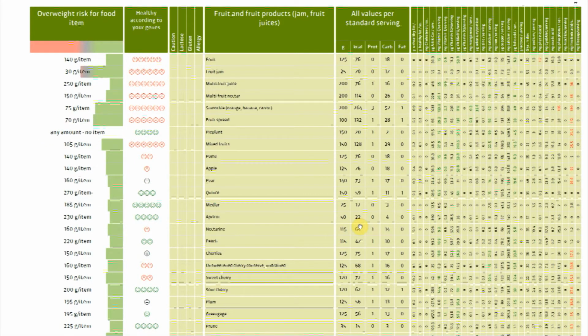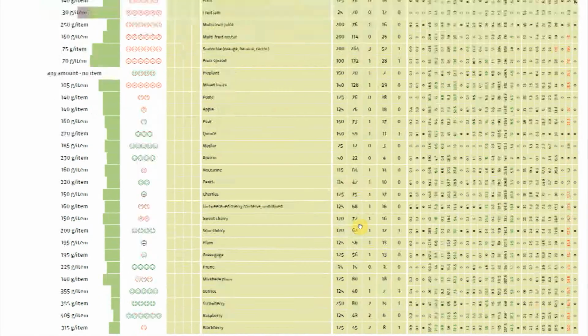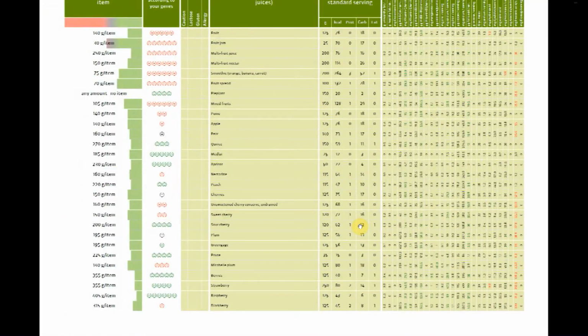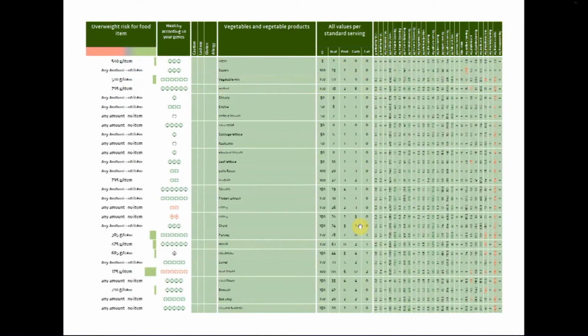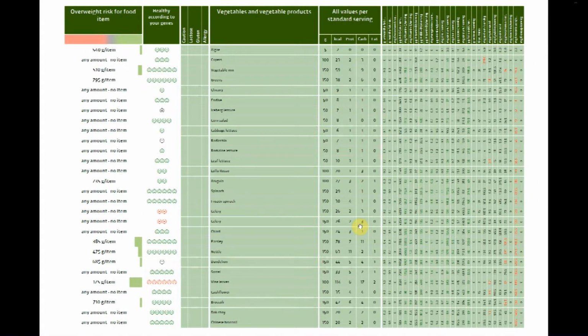This means in case you're ever hungry and you don't have any more food to eat because you've used up all of your items, then you can just look out for these and eat as much as you want. So for different categories, in some cases you're going to see this quite a lot. So here, for example, all different types of salad and so on. So any amount, no item is a good intermediate snack in case you don't want to gain weight.